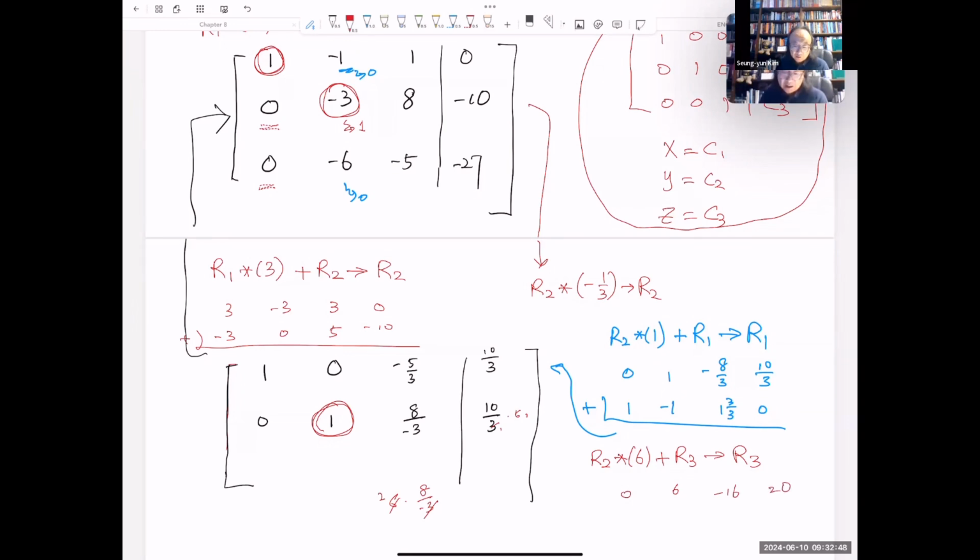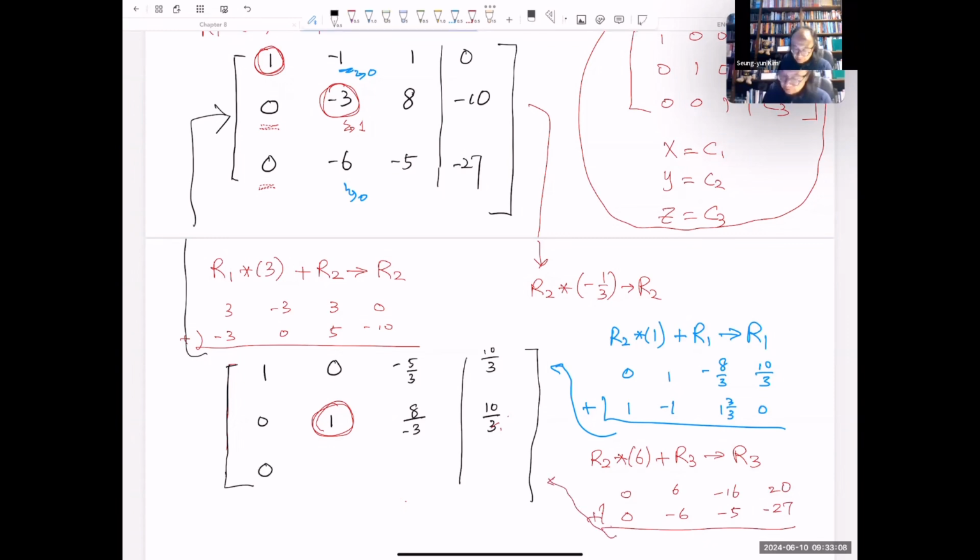And R3 is 0, -6, -5, -27. Add, and it's going to be 0, 0, -21, -7.